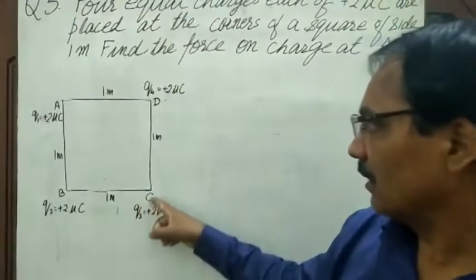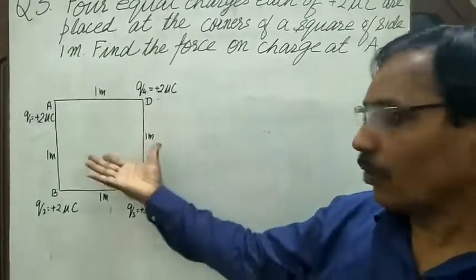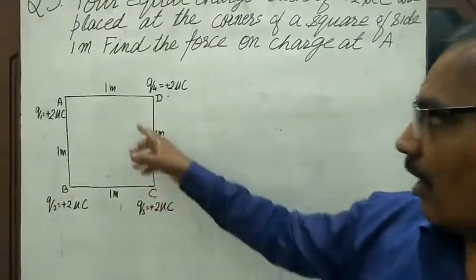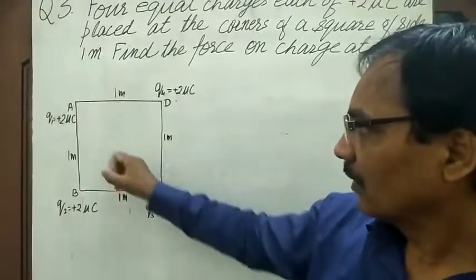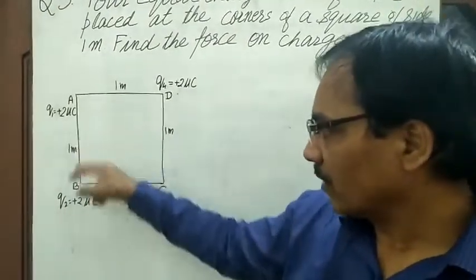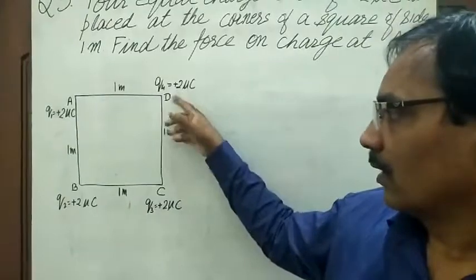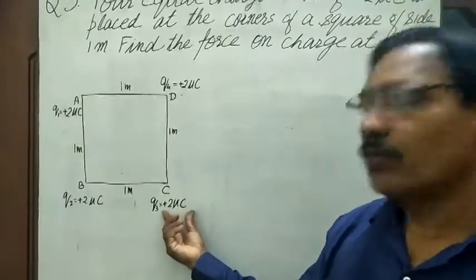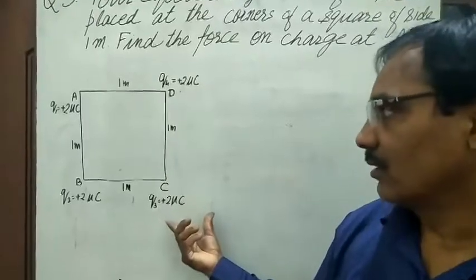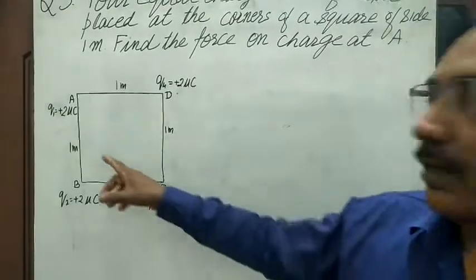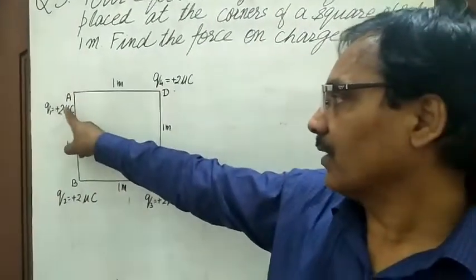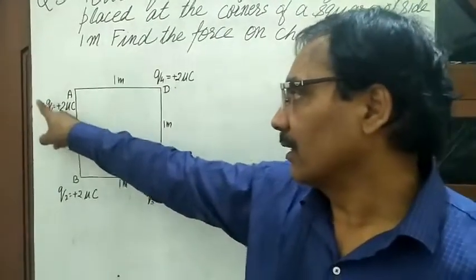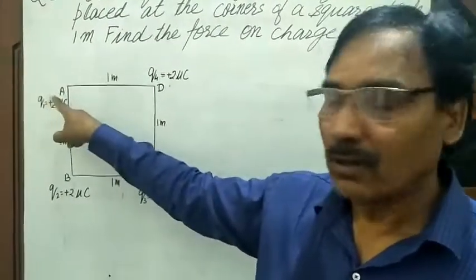A, B, C, D are the 4 corners of the square of side 1 meter. 4 charges Q1, Q2, Q3, Q4. All these 4 charges are equal and equal to 2 microcoulomb, positive charge. We want to find the net force acting at point A, that is at charge Q1.